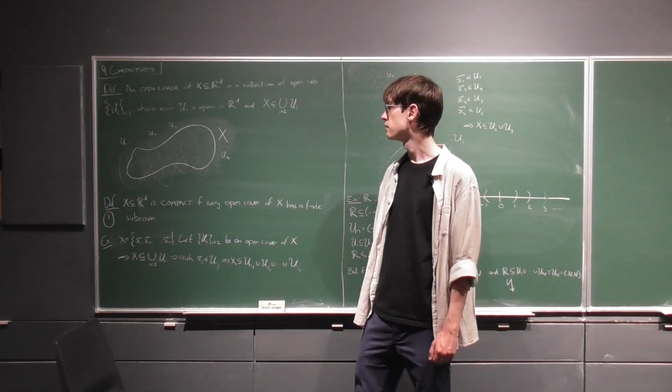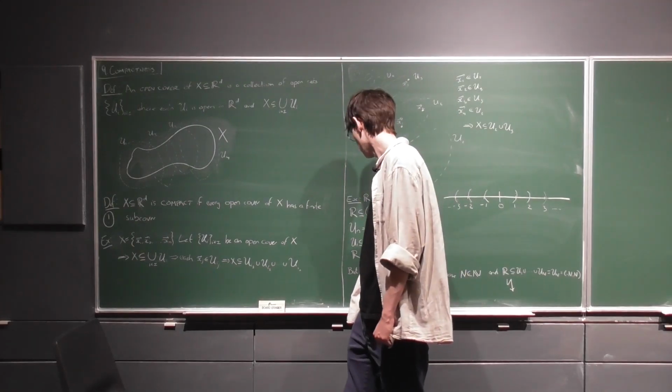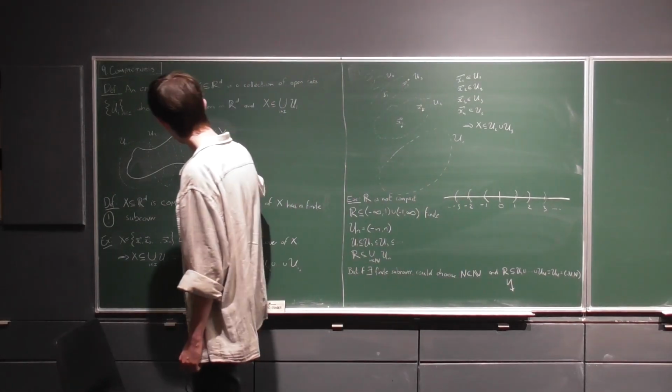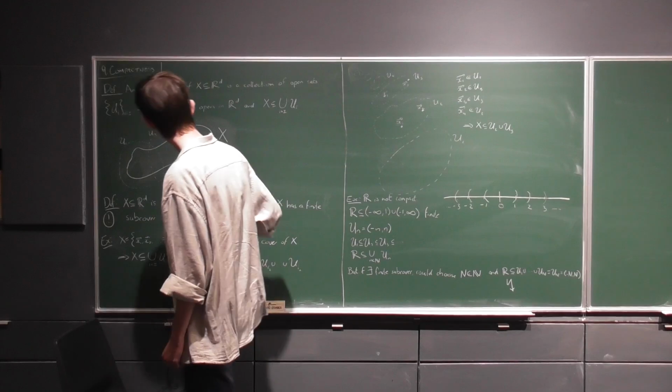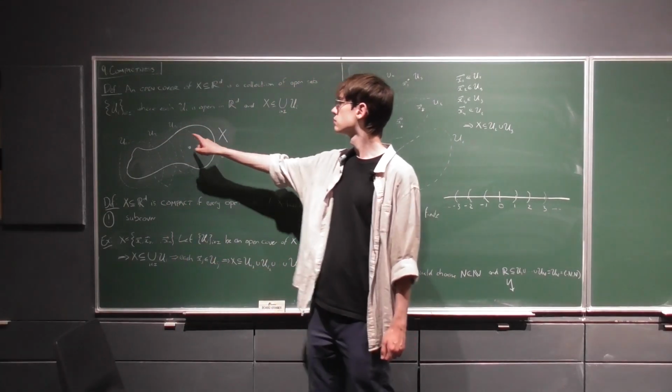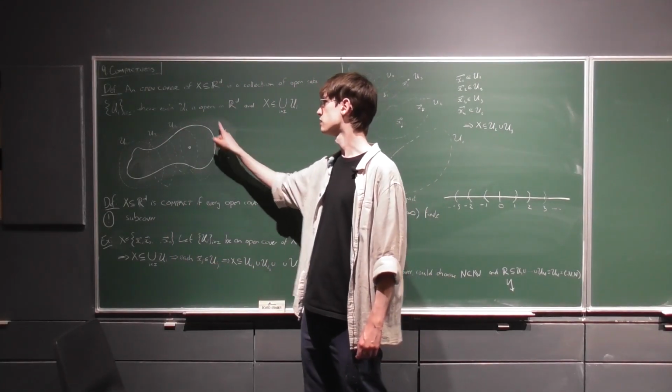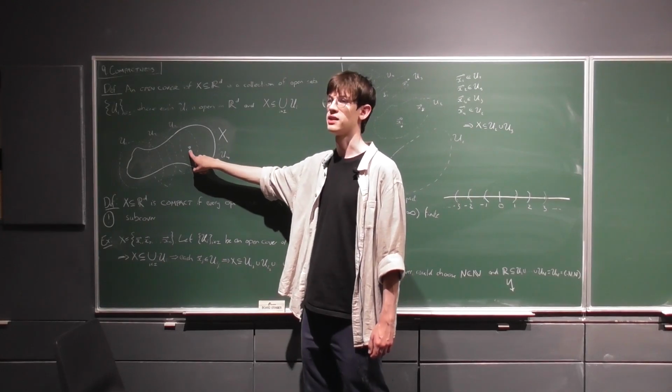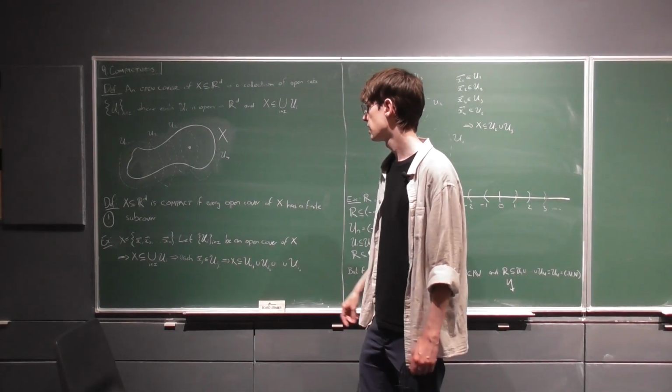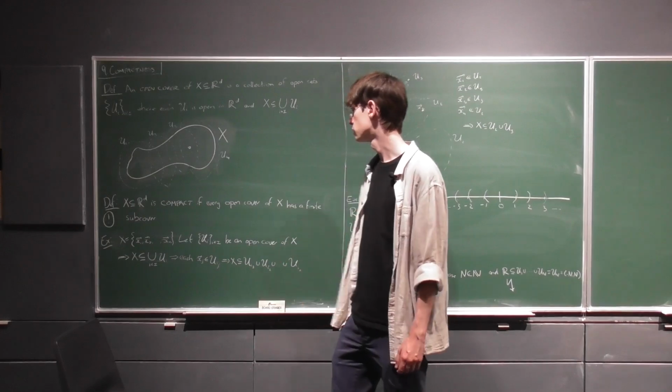And again, there could be more than one. For example, if we had a point in here, then U3 and U4 would both contain that point. For this proof, you only need to choose one of them.